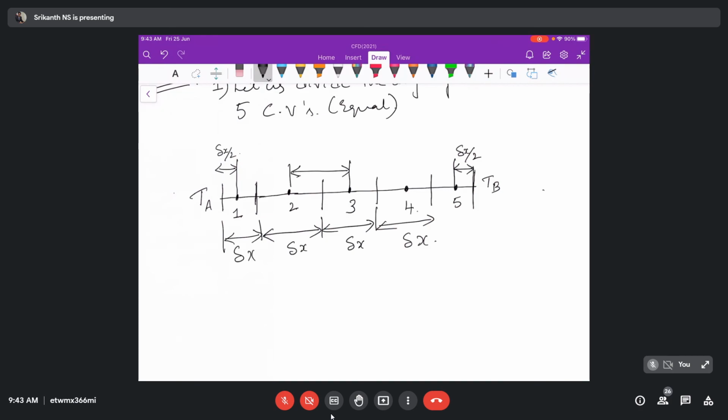One, two, three, four, delta x. So how many control volumes do you have? 1, 2, 3, 4, 5. Is it okay, all of you?